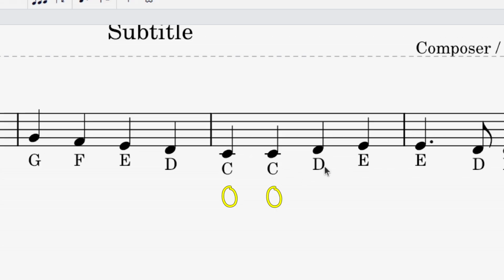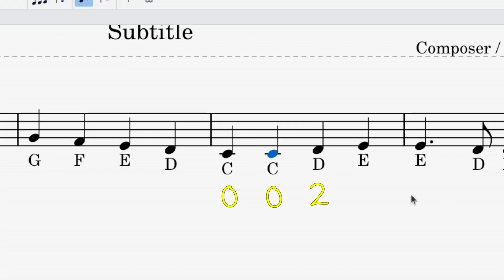This next one, well, that's a D. That's the D above middle C. It might look like it's 1 above the C, but it's actually 2 above the C because we've got a C sharp in between the C and the D. Or a D flat, whatever you want to call it.